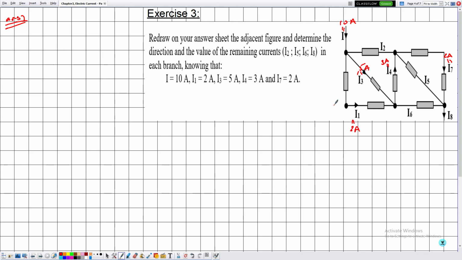And we are interested in determining the value of the remaining currents that are given by I2, I5, I6, and I8. And let me in this case give names for the different nodes. So suppose that this is the node A, this is the node B, this is the node C, and this is the node D.